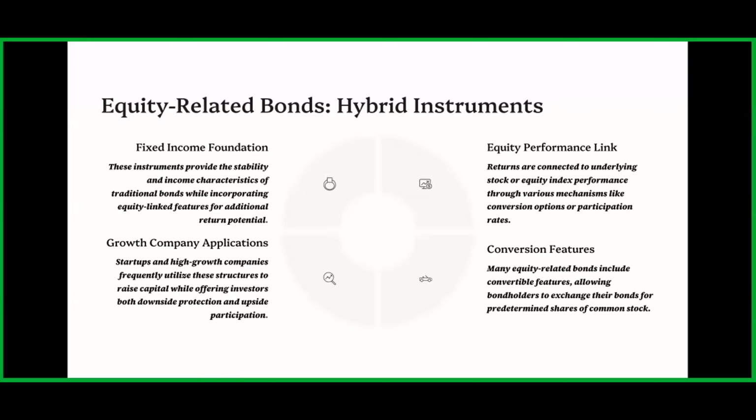I'll receive all the interest or the coupon, and all the principal amount. But the condition I put in that bond is, if the company is successful, then at the maturity of that bond, I don't want the face value or principal amount in my hand, but I want the number of shares of the organization with that same principal amount or face value.